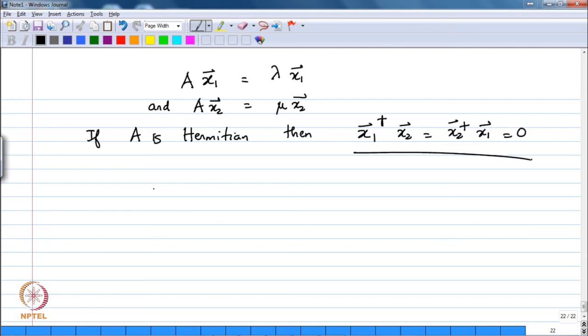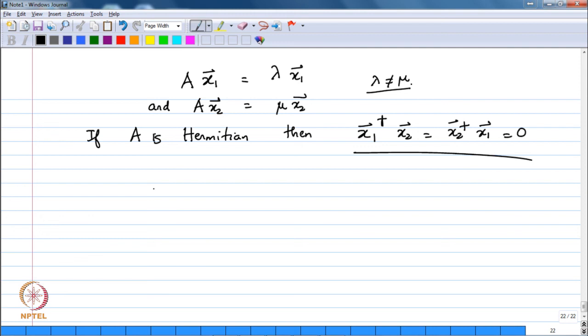So, x 1 dagger x 2 is a scalar, and you will be able to show this, of course, assuming that lambda is not equal to mu. So, they are distinct eigenvalues. So, the eigenvectors corresponding to distinct eigenvalues are orthogonal.